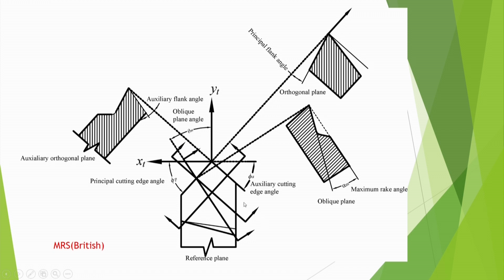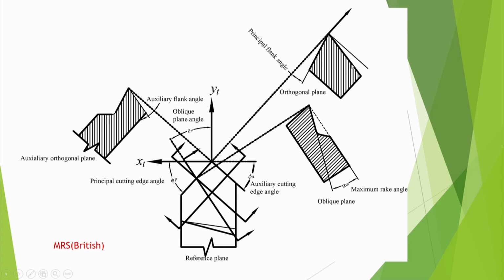You are seeing it here, and in the top view of course you will get the principal cutting edge angle in the same way. You will get the auxiliary cutting edge angle here, and you will get the orthogonal plane here in the same way in MRS system, in which as usual you will get the principal flank angle, but you will not designate the orthogonal rake angle here, because that is not this system. Okay, orthogonal rake angle also you can tell.